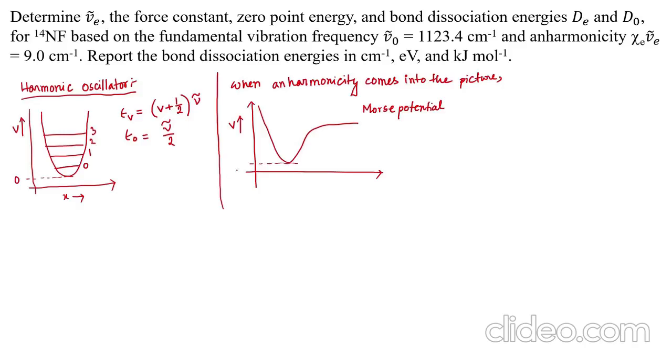Now this is the same 0 and this is x. Now this is your zero point energy, but as a consequence of anharmonicity, with increasing vibrational level, the levels come closer, and after this energy, if it goes to this vibrational state, the bond is going to break. So this is known as dissociation, and this is known as D0.